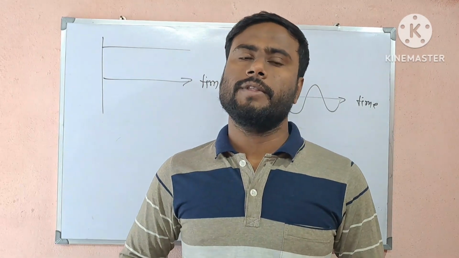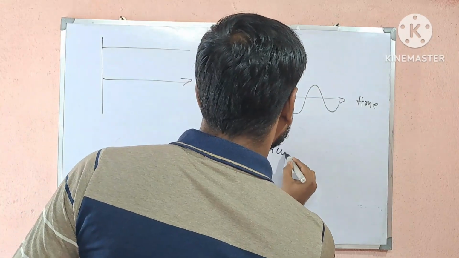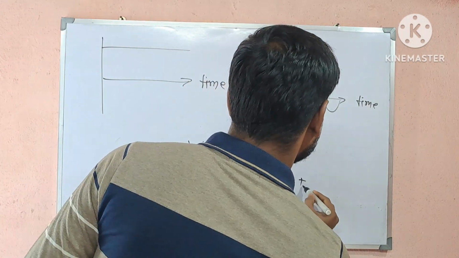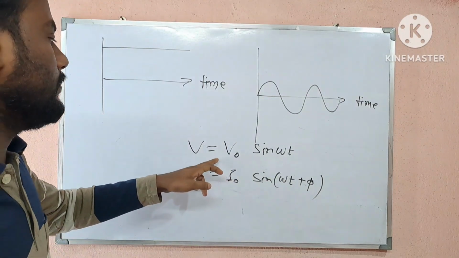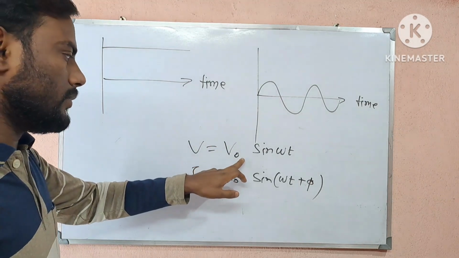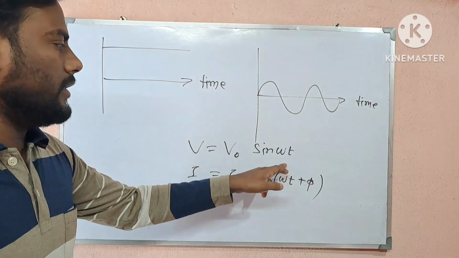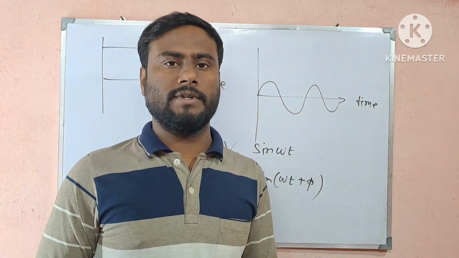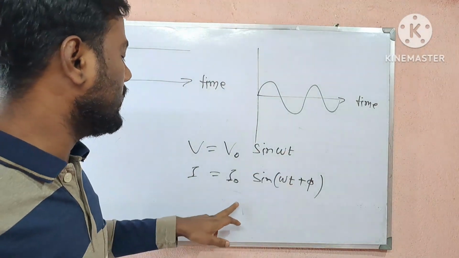And generally, for an AC signal, the voltage is represented by V equal to V naught sine omega t and current I equal to I naught sine (omega t plus phi), where V naught and I naught are respectively the peak values of voltage and current, or sometimes we can say that this is the amplitude of voltage and this is the amplitude of current. Omega is the angular frequency, where the formula of omega is 2 pi f. F is the linear frequency, which is represented by the unit hertz. And phi is basically the phase difference between current and voltage.